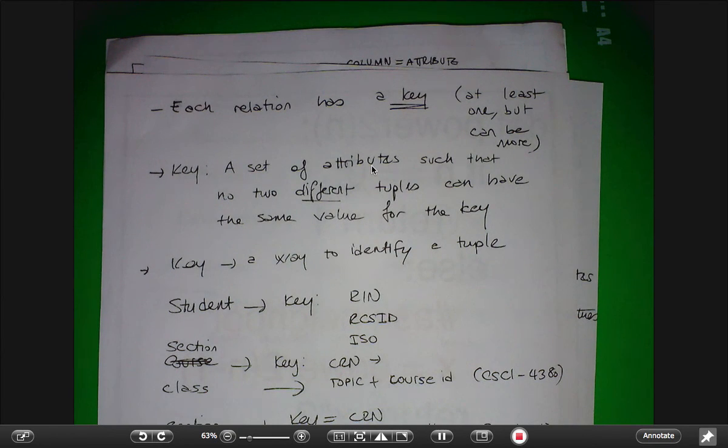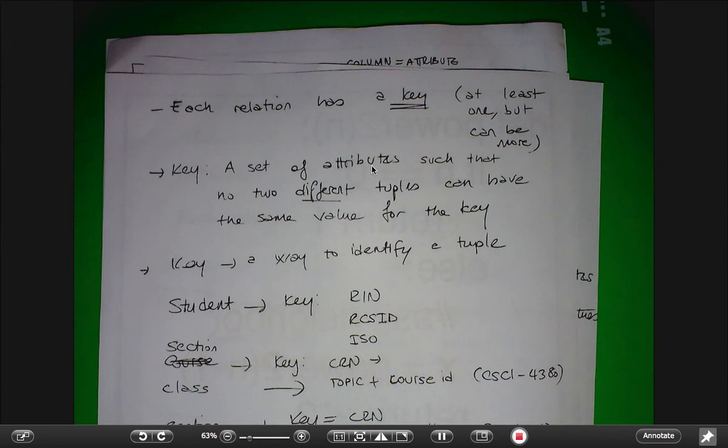So that means by default, if you didn't have a key, all the attributes in the relation are a key, because you can never have two tuples that are different but have the same values for all the attributes, right? That is the largest key you can have, but you may have a subset of those attributes that are key, and you can have many different subsets that are key.